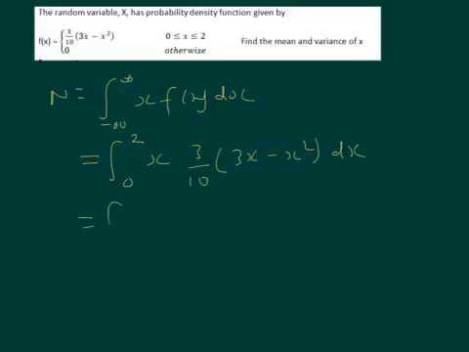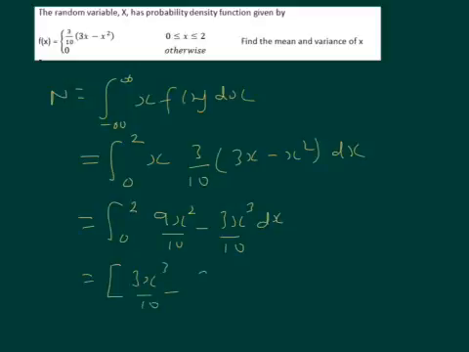So let's multiply it out. 3 times 3 is 9, so it's 9x squared over 10 minus 3x cubed over 10 dx. So that works out to be, if we integrate it, 3x cubed over 10 minus 3/40 x to the fourth, from 0 to 2. Substitute in 2, take away 0, and it works out to be 6/5.